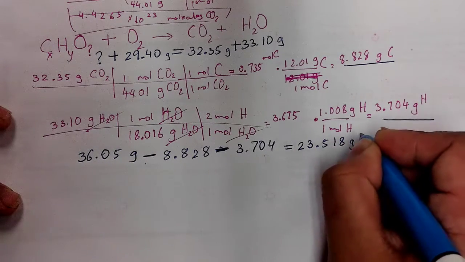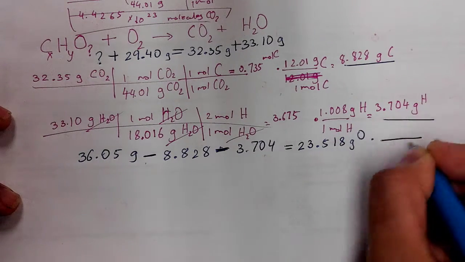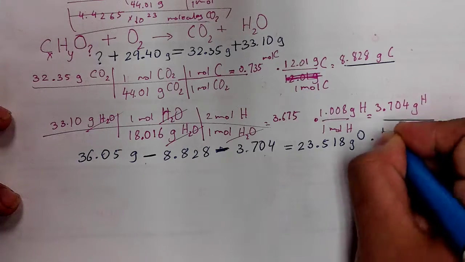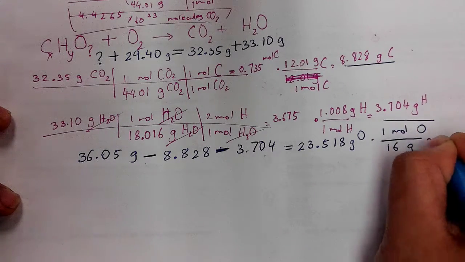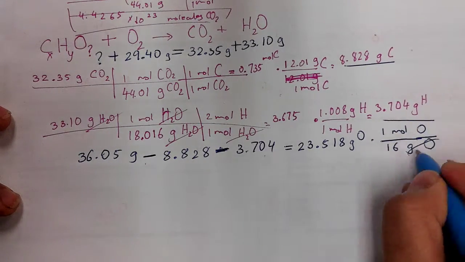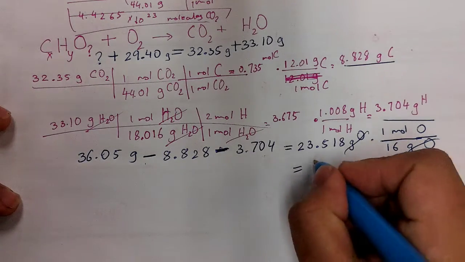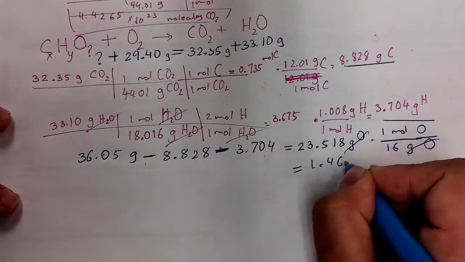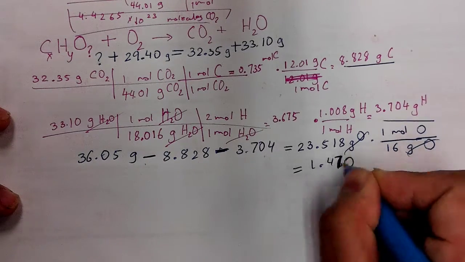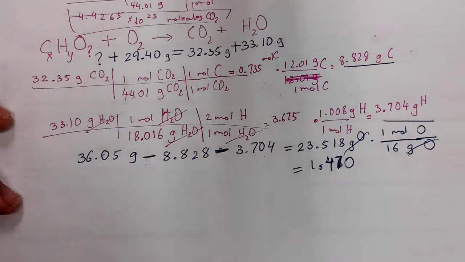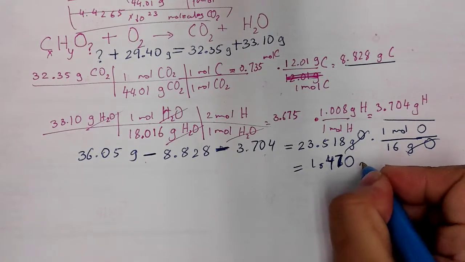That is the grams of oxygen. Now I've got to find moles. 16 grams is 1 mole for oxygen. Again, it's on the periodic table. We're going to get 1.469, so 1.470, because of the 4698. So that's the moles.